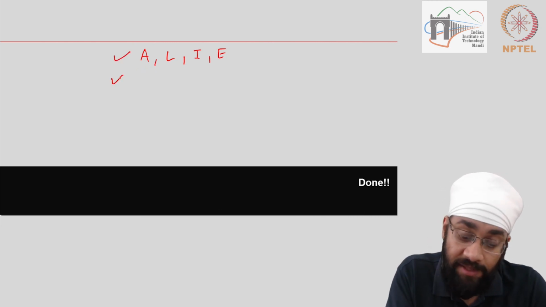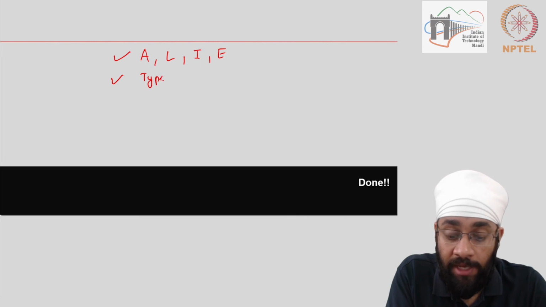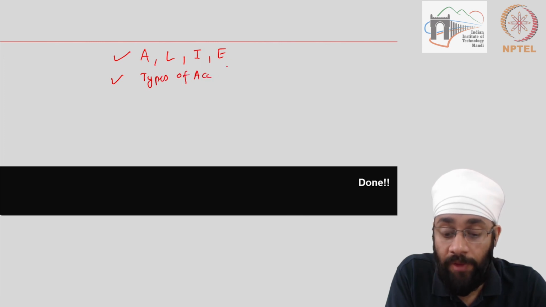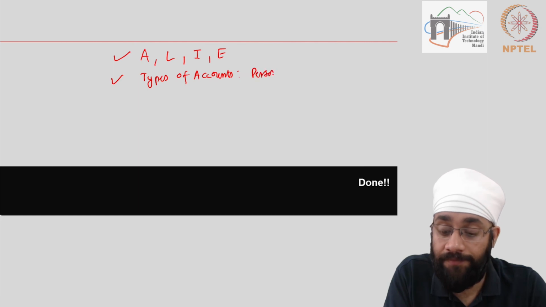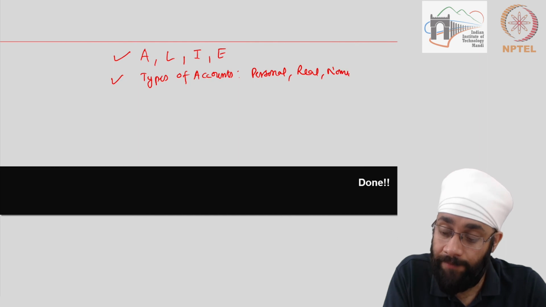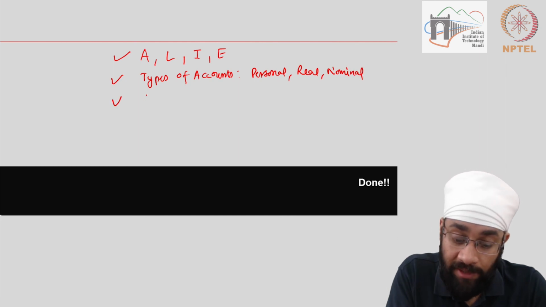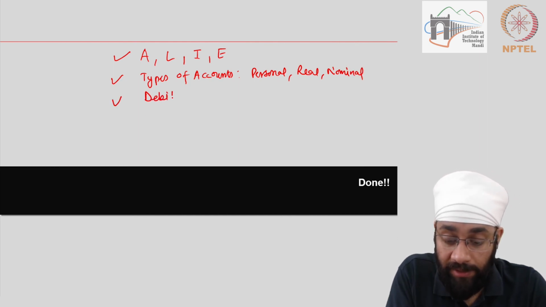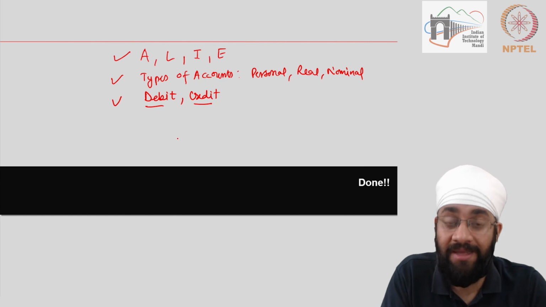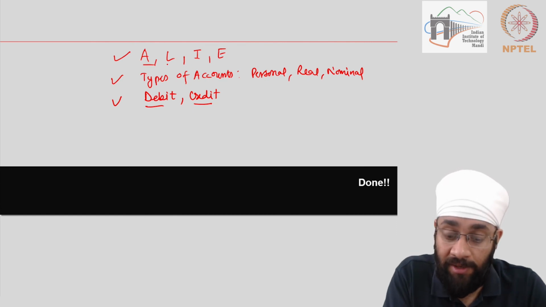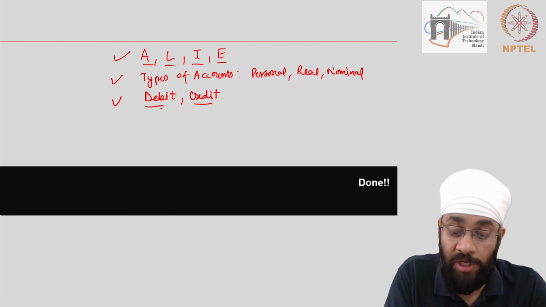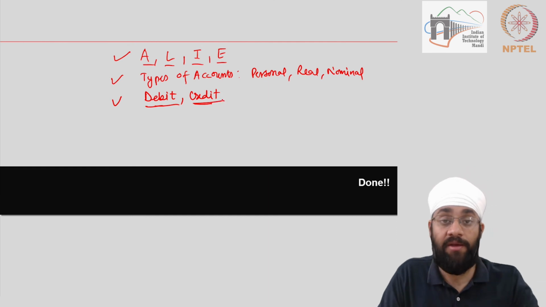And after that we learned the types of accounts, which is personal, real and nominal. And then we learned about debit and credit, and how increase or decrease in asset, liability, income, expenses will be shown by debit and credit.